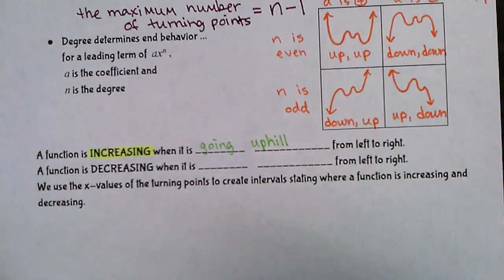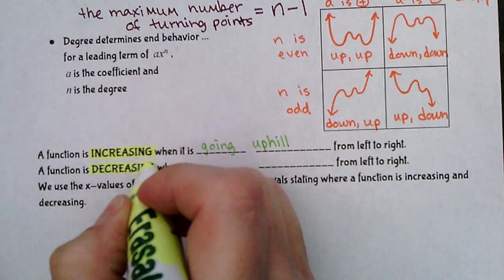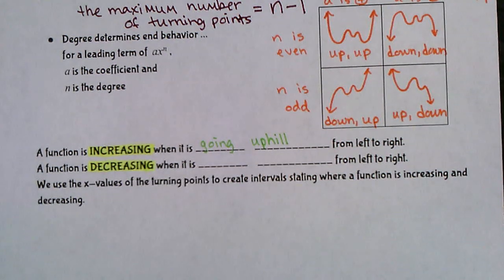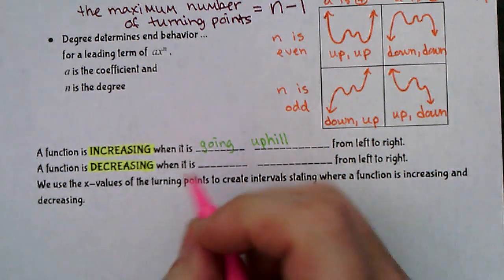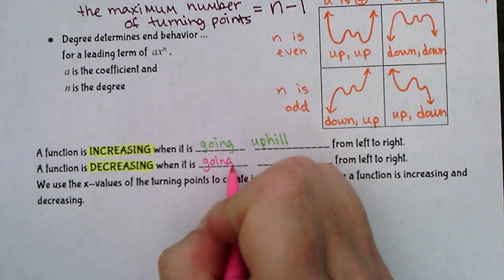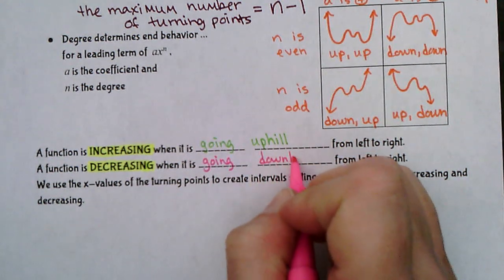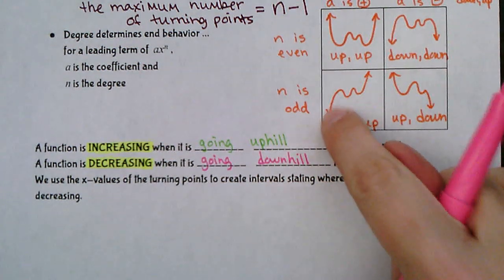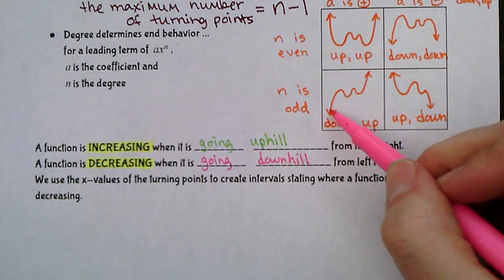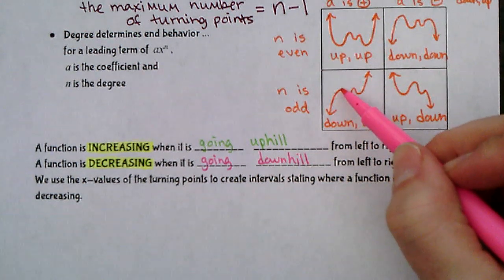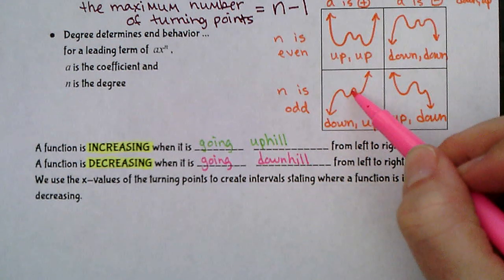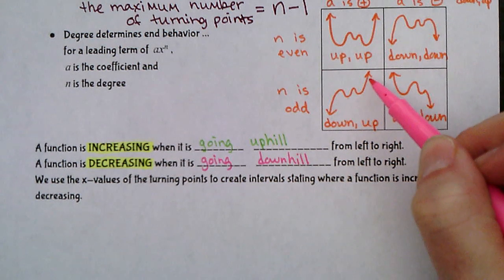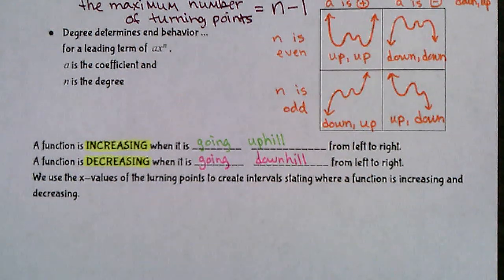A function is decreasing when it is going downhill from left to right. So if you look at this little picture here, we would be increasing until we get to here, and then decreasing, and then increasing, decreasing, increasing. So we're going to look at that a little bit more closely here in just a moment.